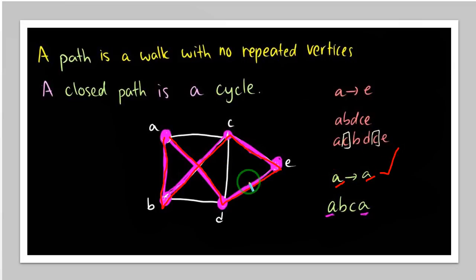So this is also a closed path, and a path is a walk with no repeated vertices. Keep in mind, and always differentiate between a trail and a path.